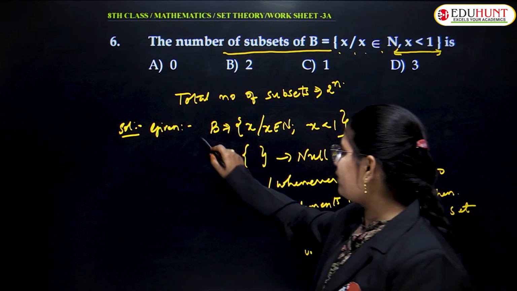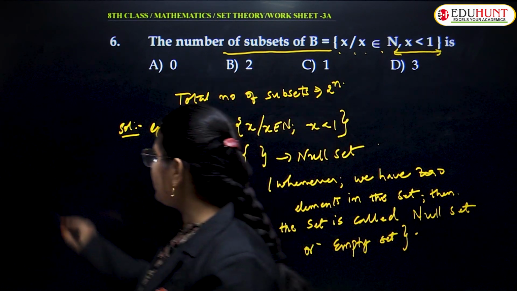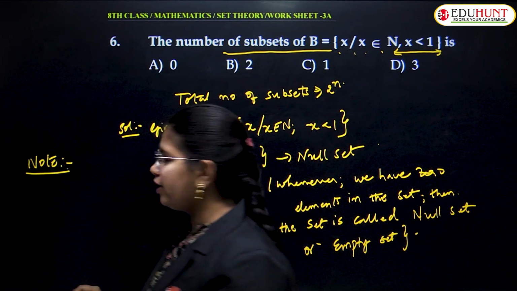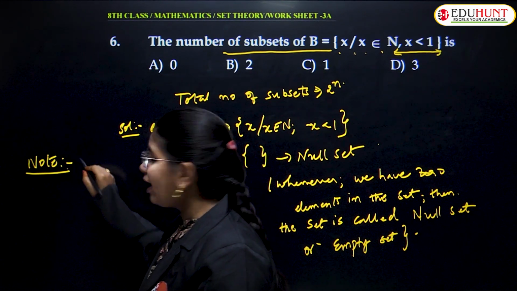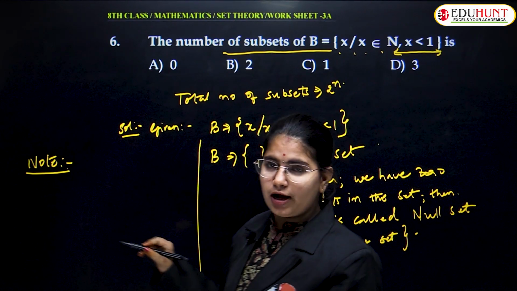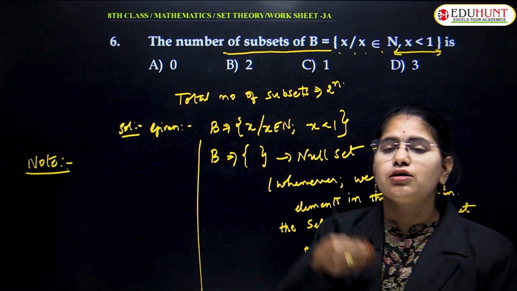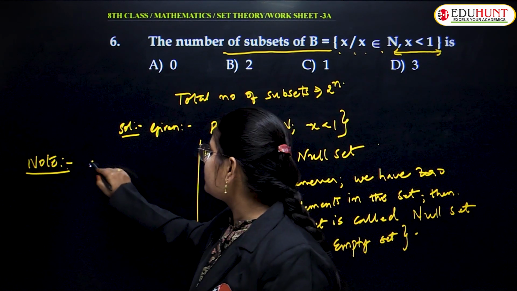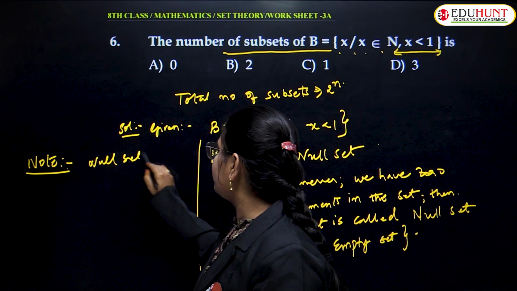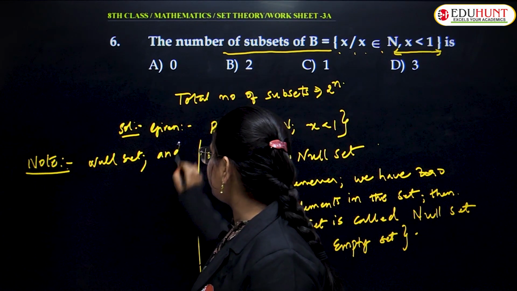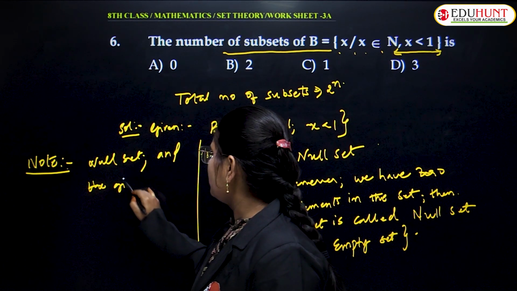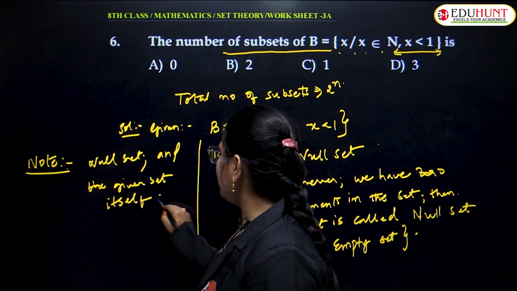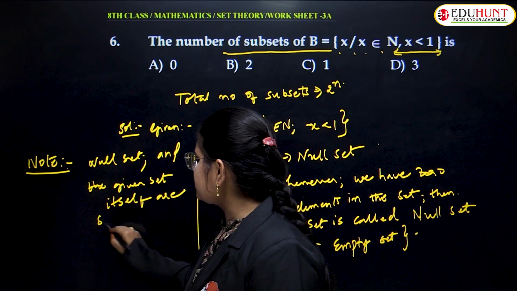Those who are not aware, please just mention it as a note point. I told you in the conceptual part, whenever you are writing the subsets of a given set, the null set and the given set itself are subsets.